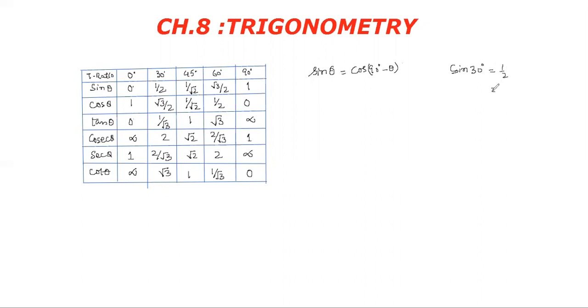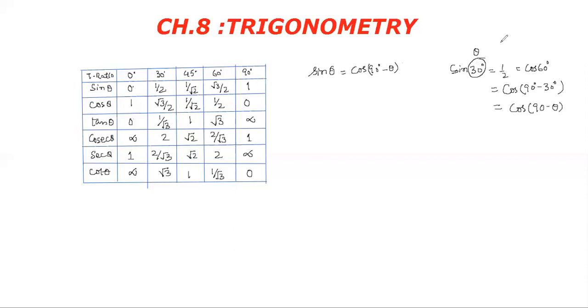You have seen that 1 by 2 is the value of cos 60 degree. If I assume 30 degree as theta, then I can write cos 60 degree as cos 90 minus 30, or cos 90 minus theta.